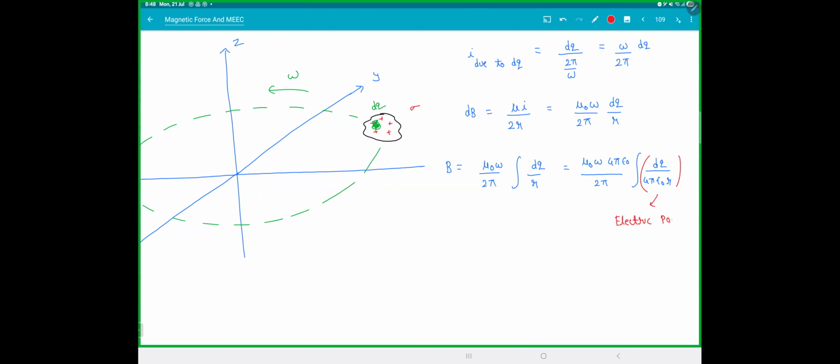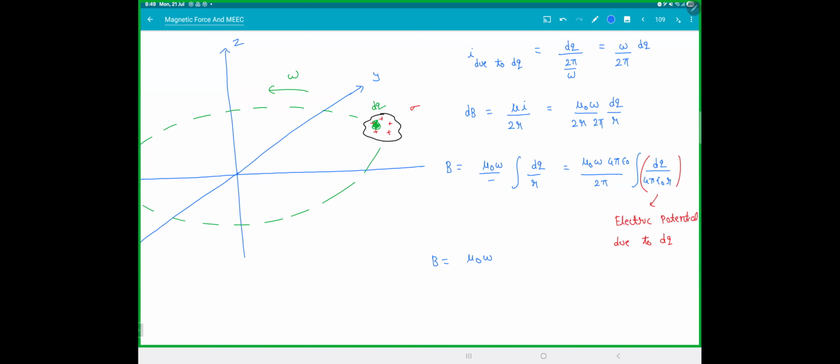And potential is a scalar quantity. So if I integrate this, I'll get the total potential. So your formula becomes mu naught omega. That is a 2 pi there. I missed something. There is one more 2 sitting here. dq mu naught I by 2r and 2 pi r.